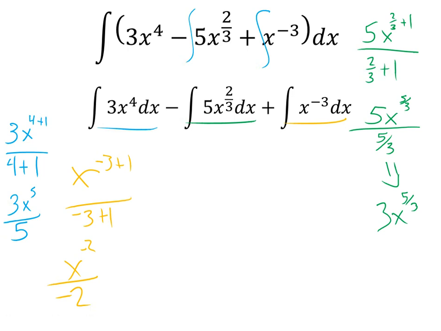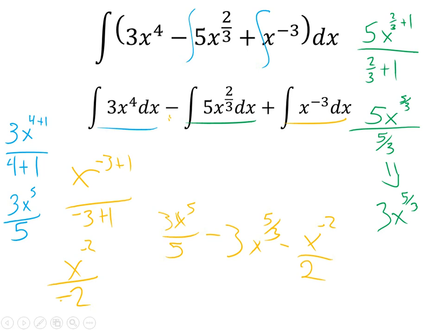And now we take all these and plug them in. So our answer would be 3x^5 all over 5, minus, because it's a subtraction here, 3x to the 5/3. And then a minus, because we have a subtraction here, x to the -2 all over 2.